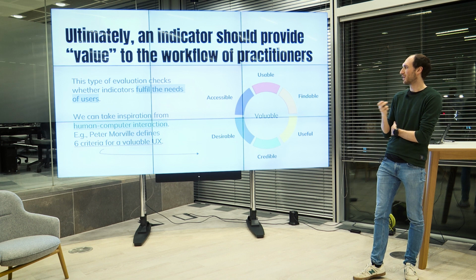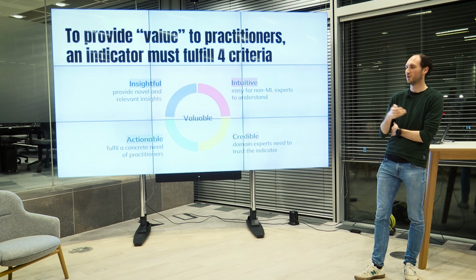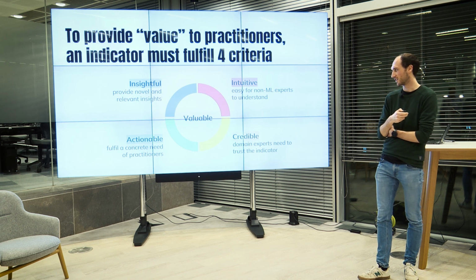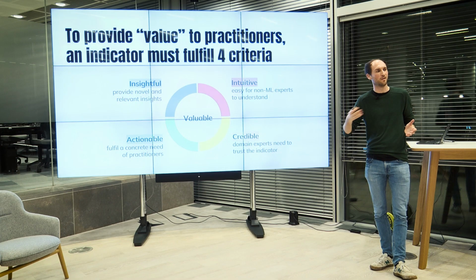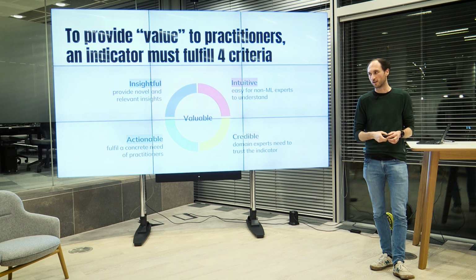So, drawing inspiration from these criteria, we came up with 4 criteria for validating an indicator. The first one is that it should provide new insights. For example, expected goals provides information beyond the number of goals scored because it tells you something about whether a team was able to create good scoring opportunities.